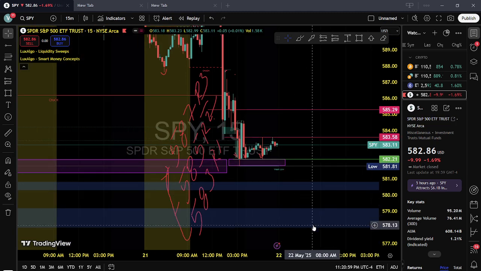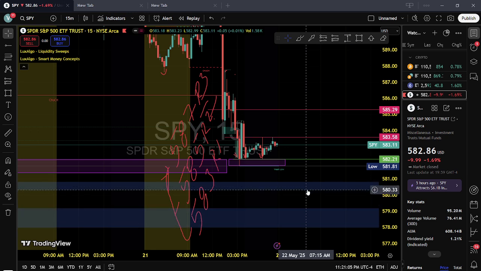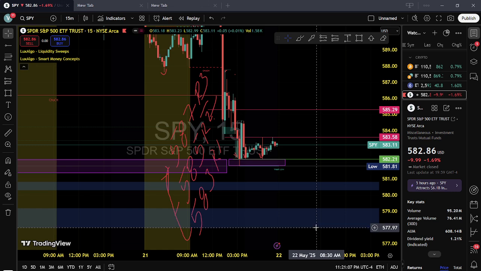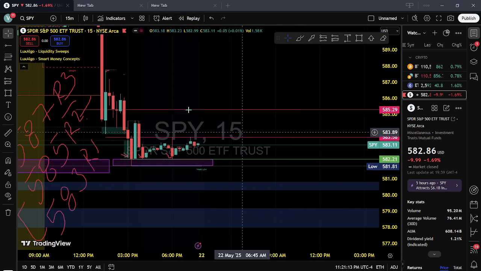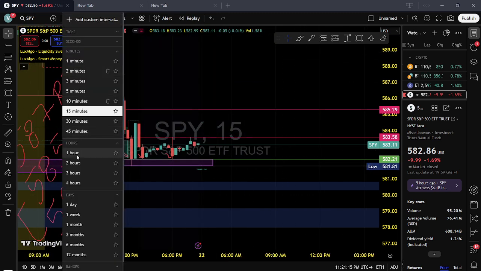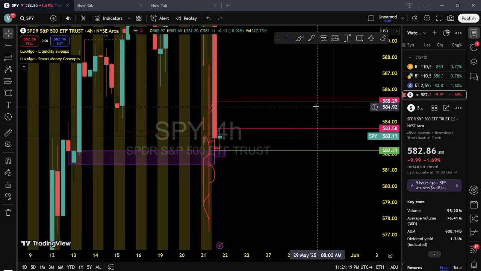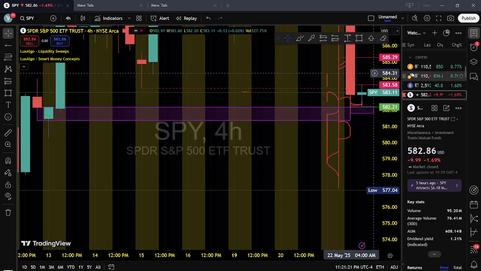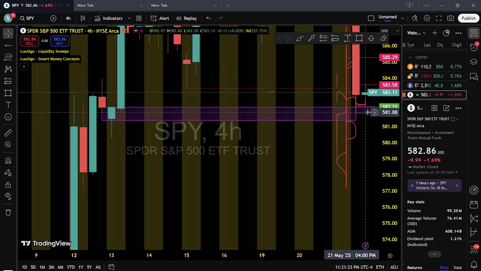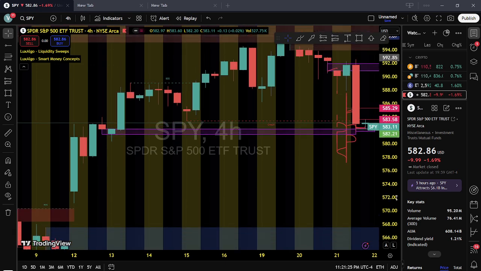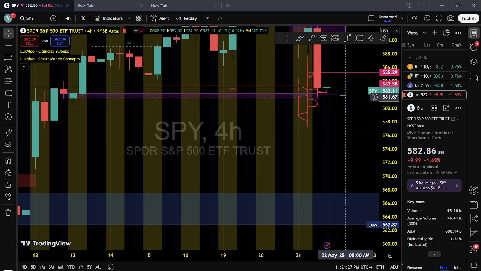Guys, I'm telling you, if these two more levels break, 580 and 577, this particular zone up to here, man, let me show you what's going to happen. Look at this 4 hour. Look at this 4 hour. There is nothing in between. There is nothing in between.